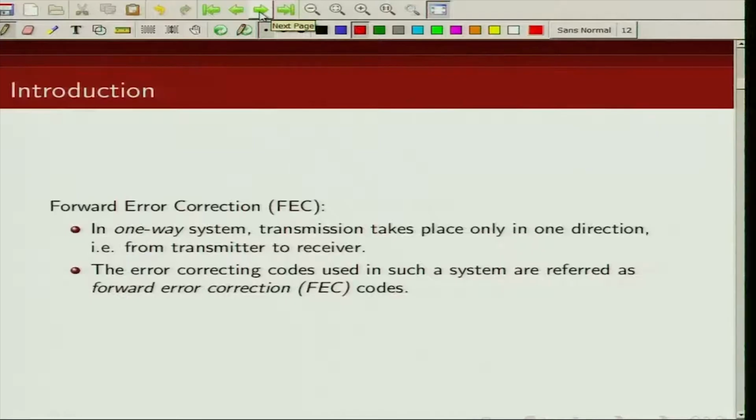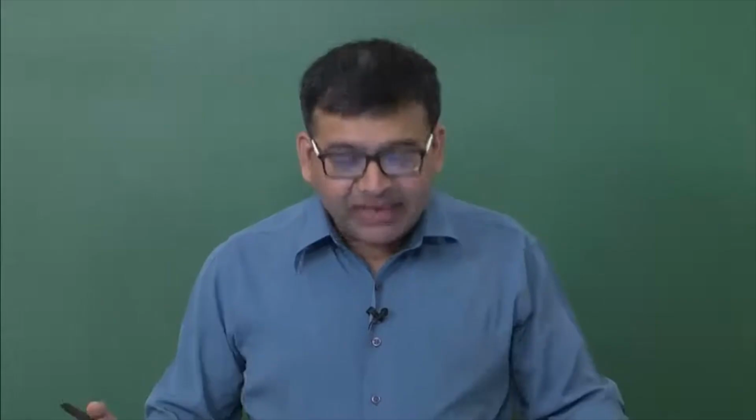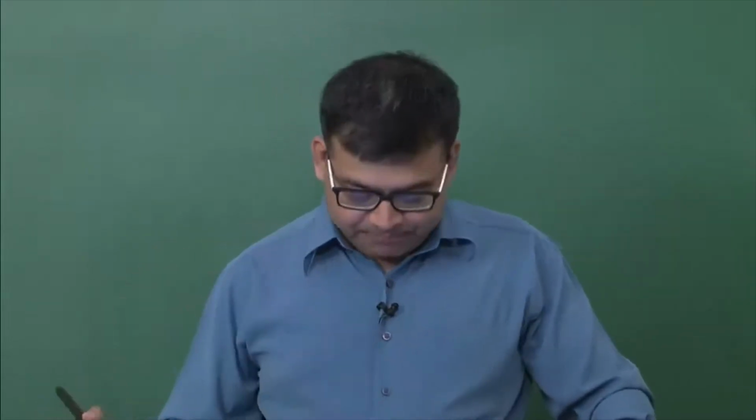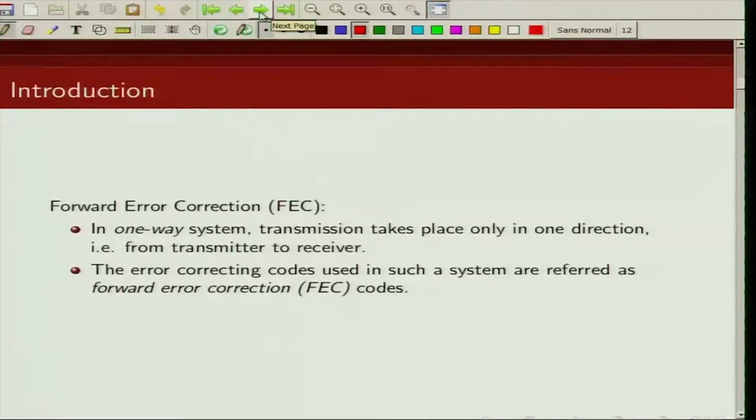We encode our information sequence using an error correcting code and send it over the communication link. The receiver will try to detect and correct errors based on the redundant bits that we have transmitted. If the packet is not received correctly, there is no mechanism for the receiver to let the transmitter know, because it is a one-way channel. And the error correcting codes used in these channels are known as forward error correction codes.